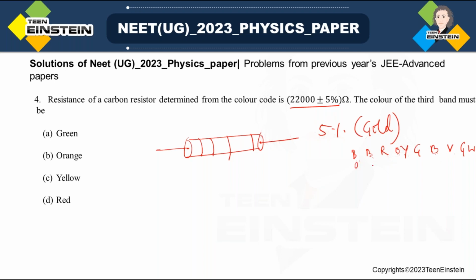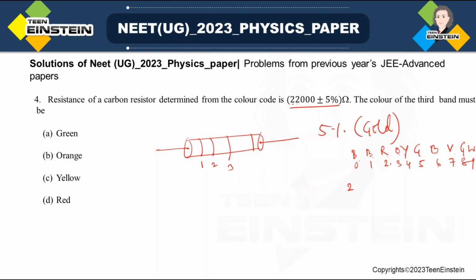So this is 0 black, this is brown 1, this is 2, this is 3, 4, 5, 6, 7, 8, 9. These are the corresponding color codes. Now see the first two colors. If I say this is first, this is second, this is third, the first two colors go with the first two digits. So here actually 2 2.